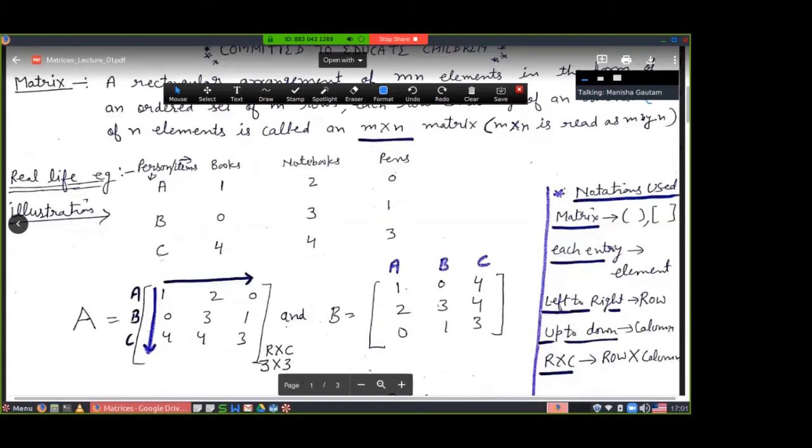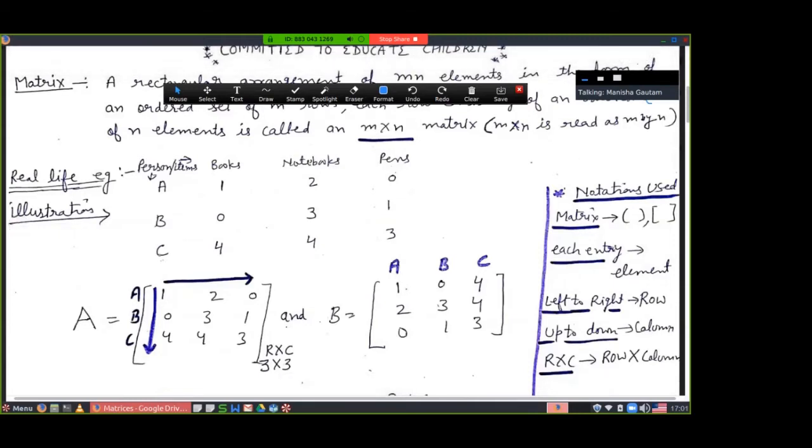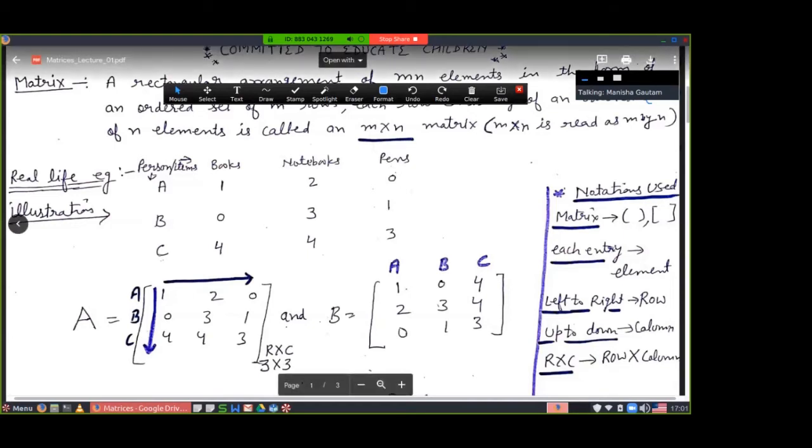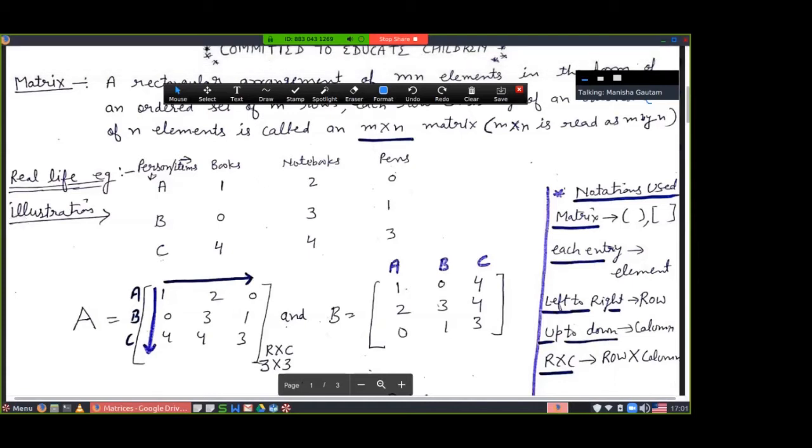Here I am using capital A. Information of person A is 1, 2, and 0. It means one book, two notebooks, and zero pens. Left to right, here the arrow is shown. 0, 3, 1 is the information of person B. And person C purchased four books, four notebooks, and three pens.